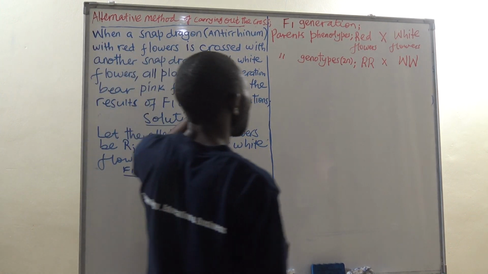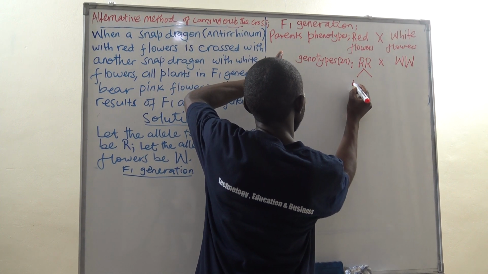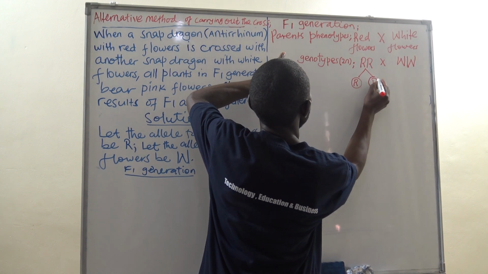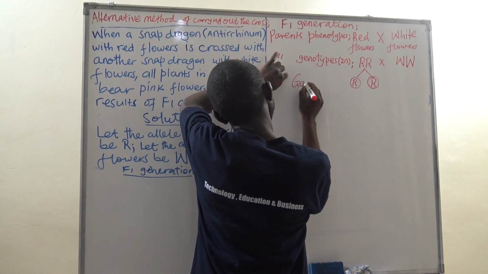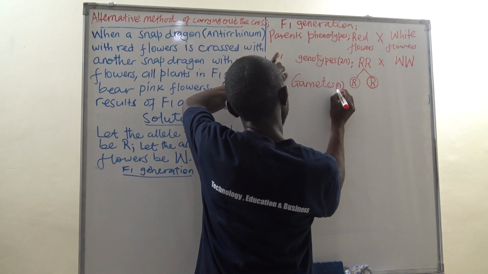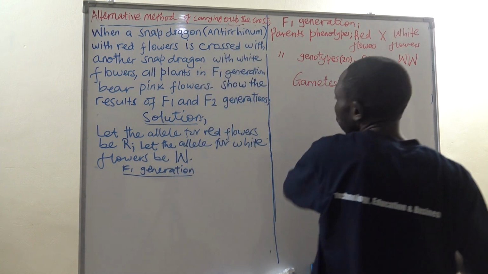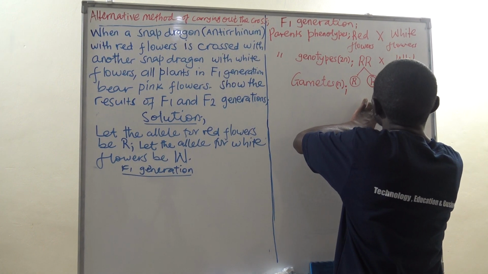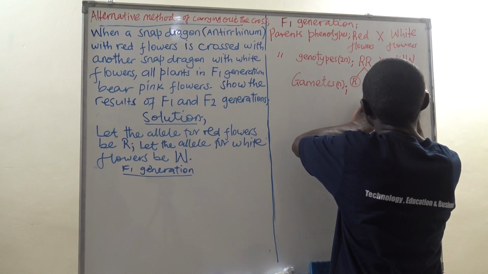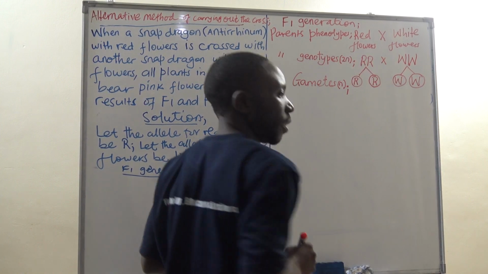Then, during meiosis, the gene segregates to form R, also R. These are carried in single gametes, which are haploid. In a similar way, this gene also segregates or separates to form allele W, and allele W, as shown on the board.